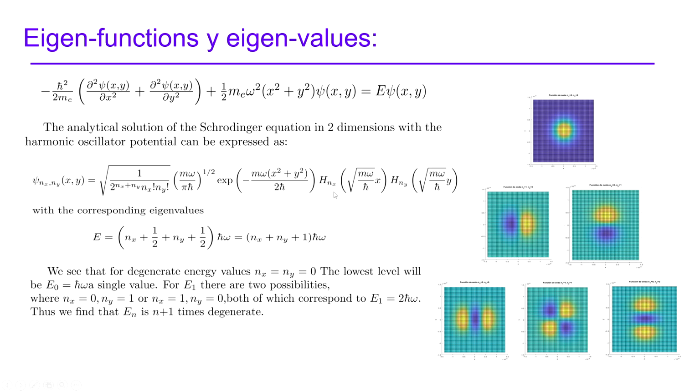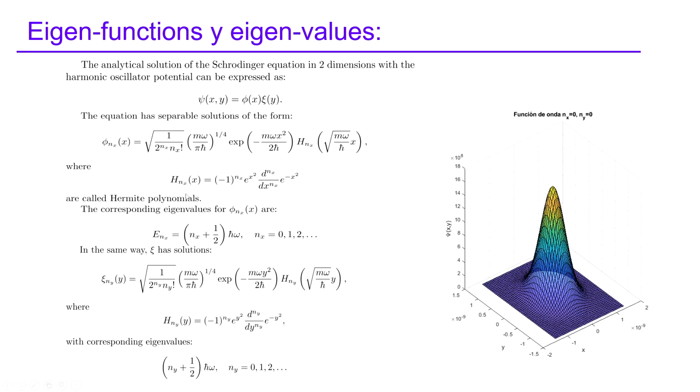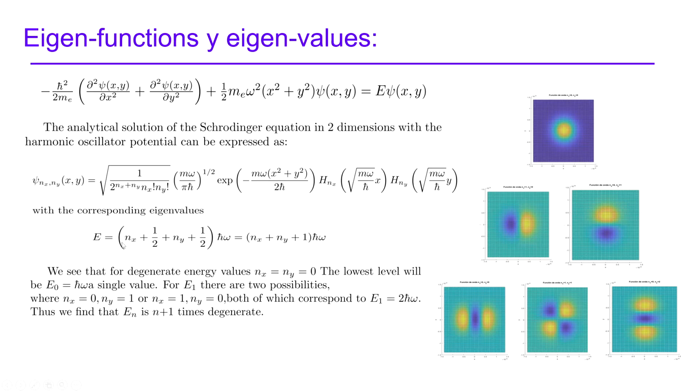When you make the function go to zero for large distance, right? With the corresponding eigenvalues, we now add 1/2, right?